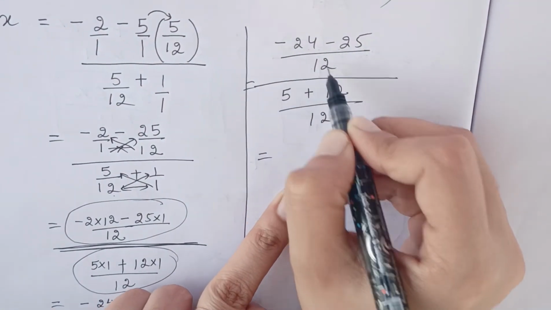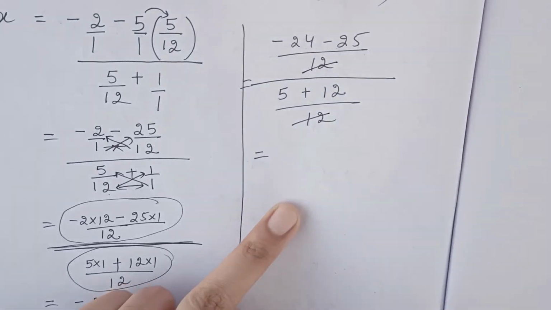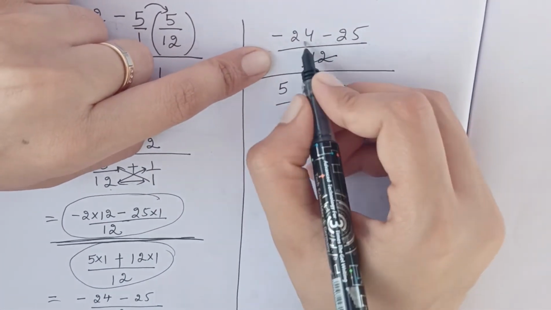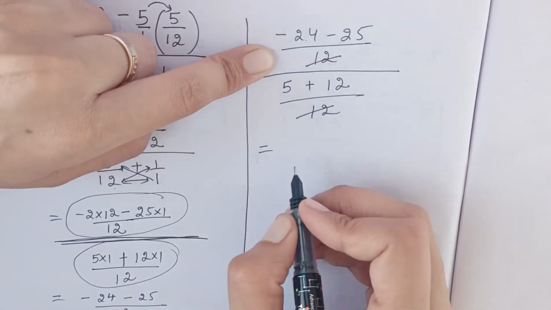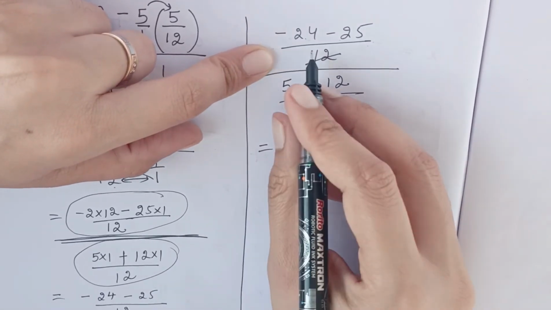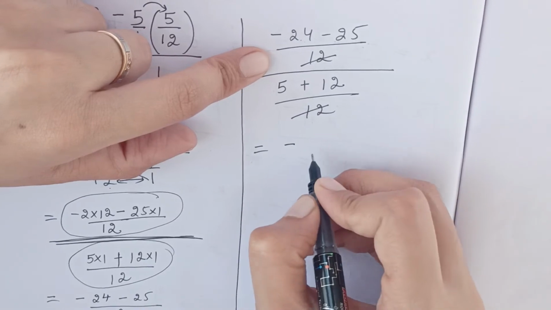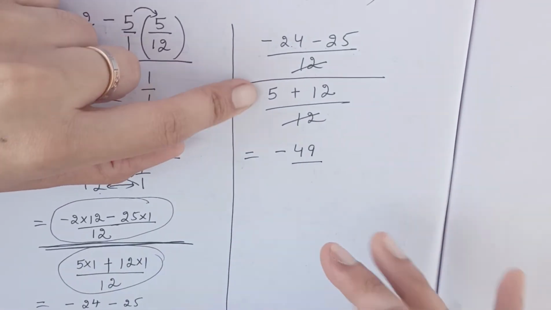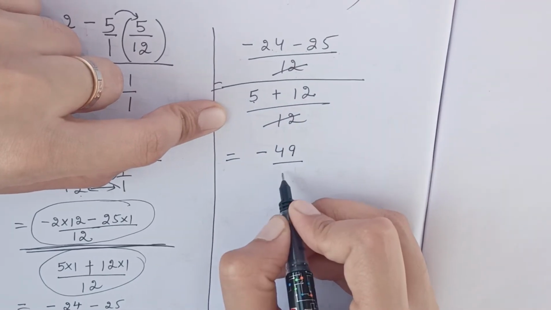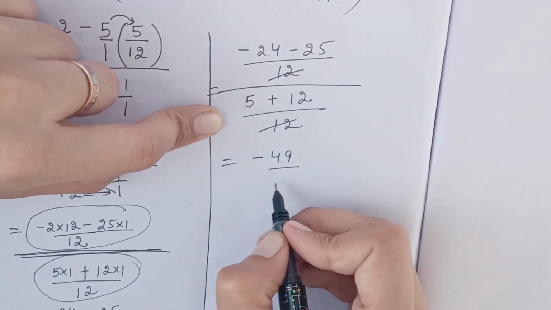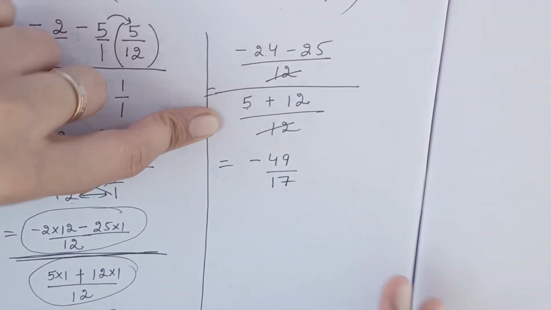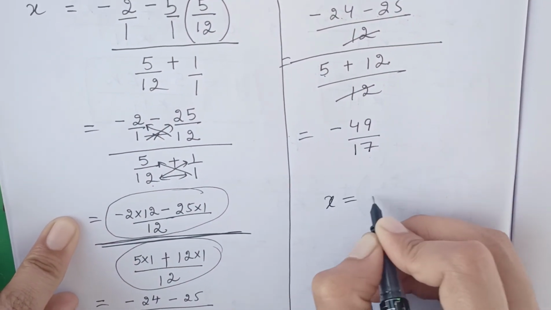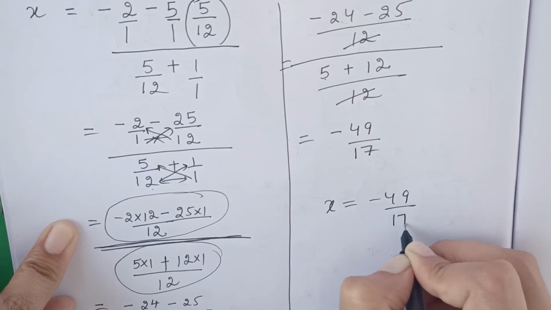When denominators are the same we can cancel them, so this 12 and this 12 will get cancelled. Minus 24 and minus 25 is minus 49. The sign is minus. 5 plus 12 is 17. So this is our value of x: x is equal to minus 49 by 17.